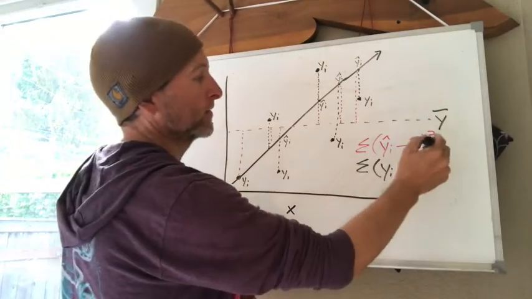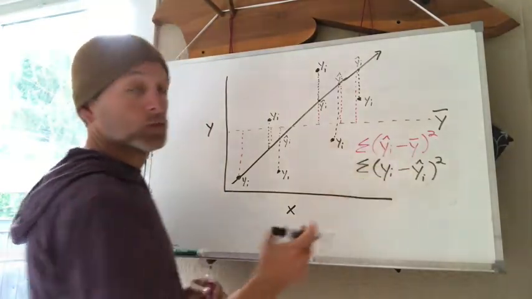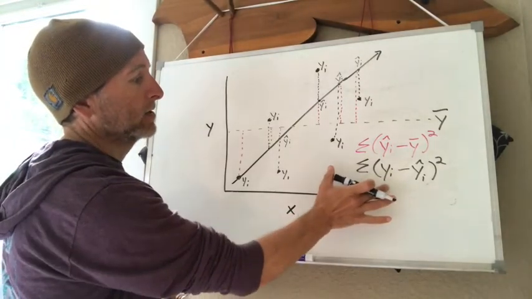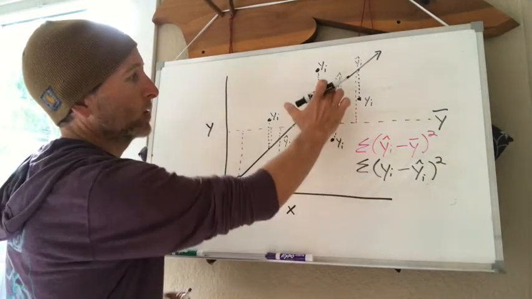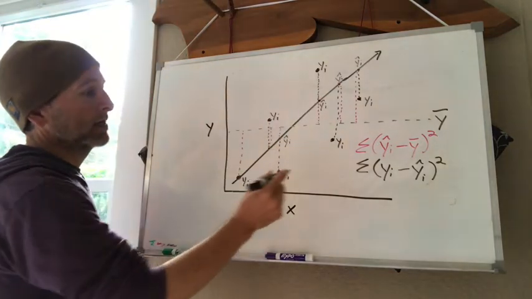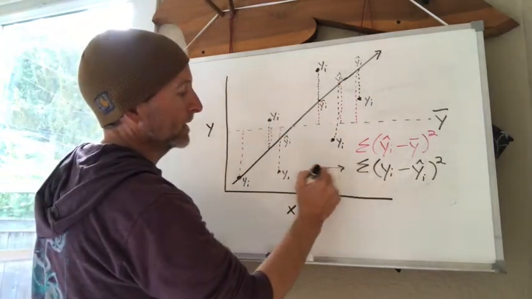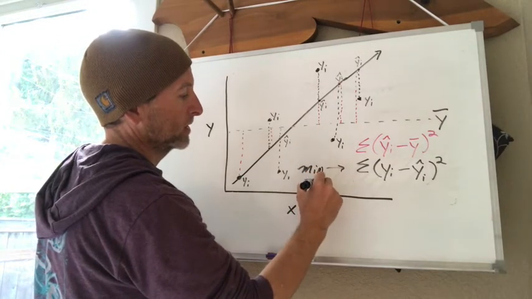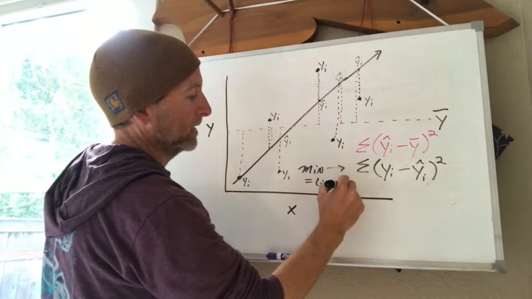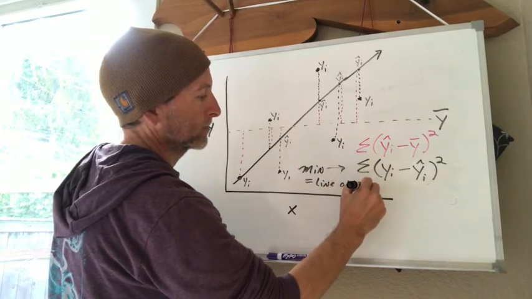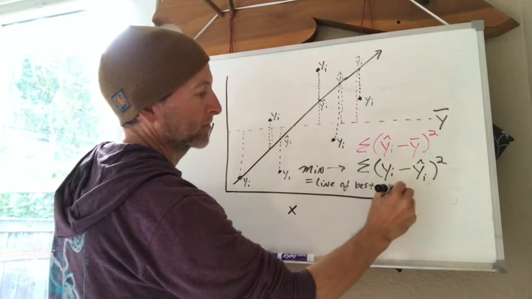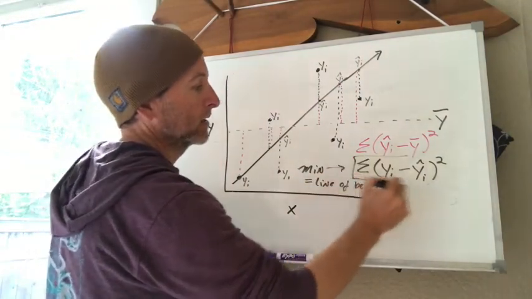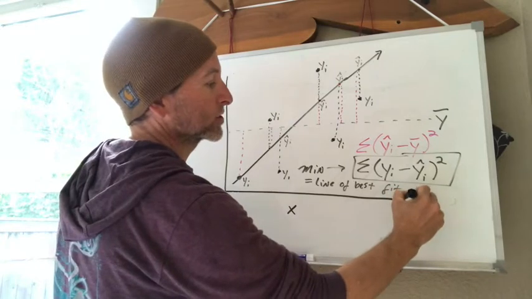So we started off with error due to regression. We'll draw this out as a table in just a second. And then we had error associated with how far is each point from the line itself. Now remember, this is what we tried to minimize. Min equals line of best fit. Right? In other words, this is where we got our least squares regression.